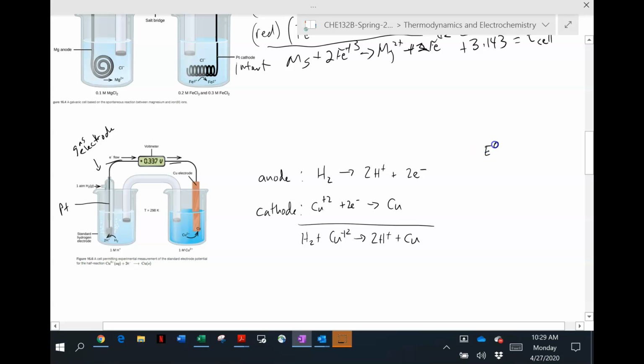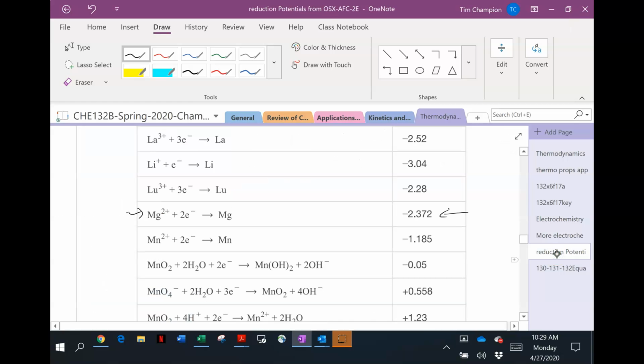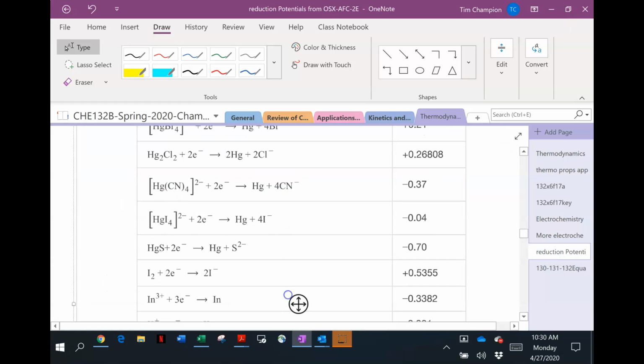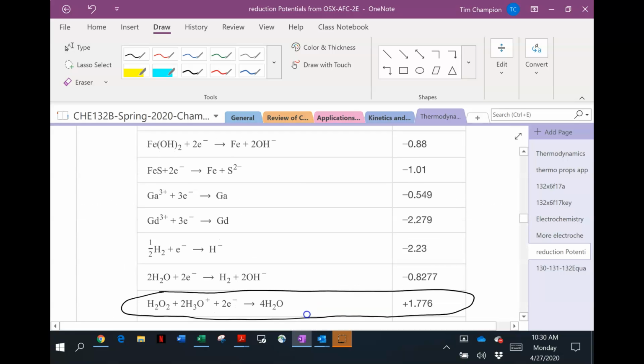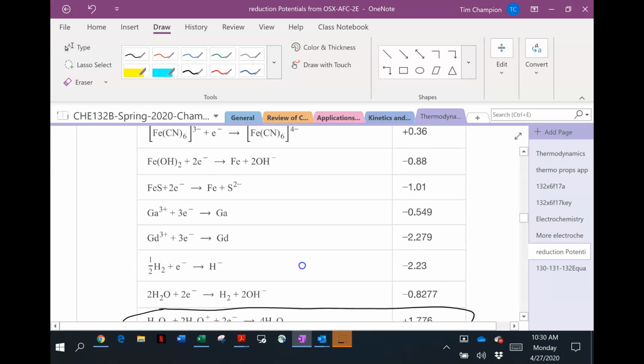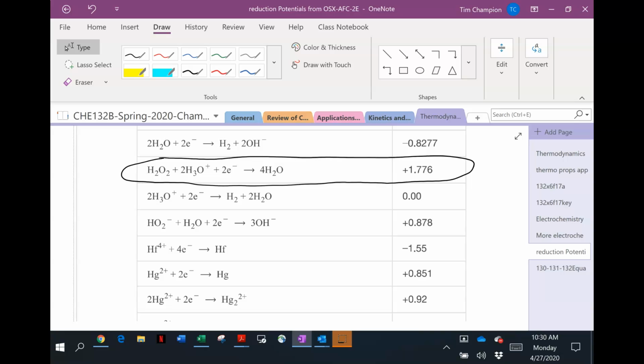If we look up our cell potentials, so pull the table here, let's go find hydrogen. This is essentially 2H plus, and then the 2H2O are assumed for that.